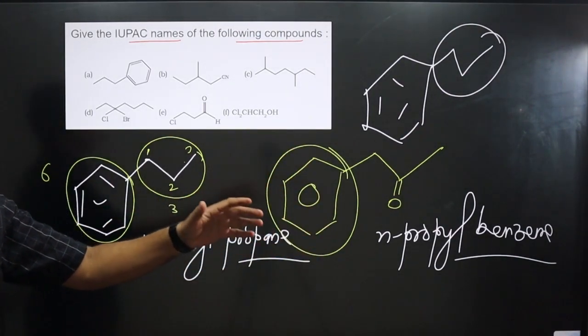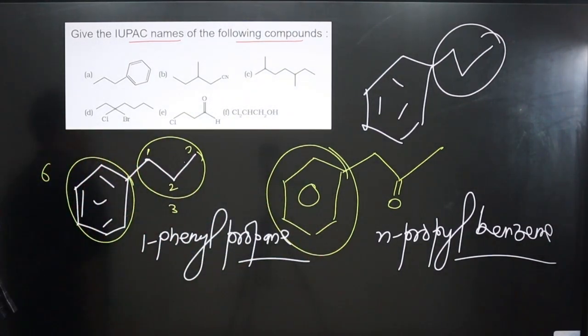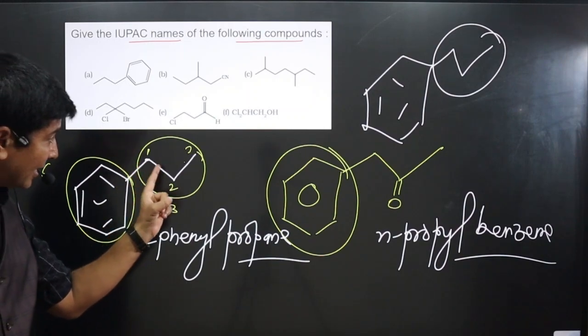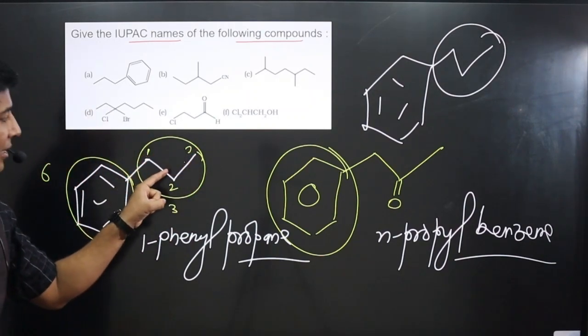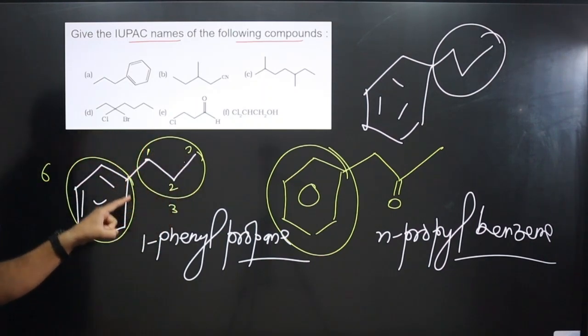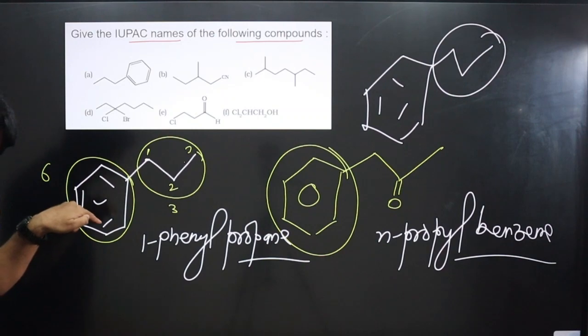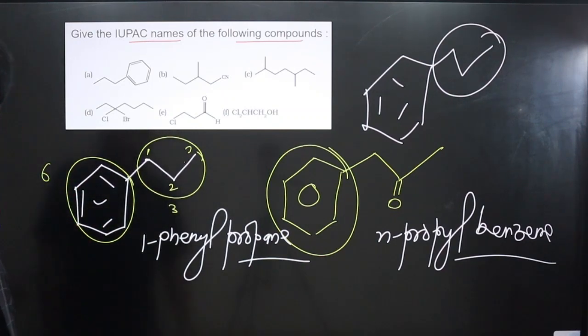If you search Google for the chemical formula of n-propylbenzene, they will give this chemical formula. But in NCERT they considered it as the parent chain. That is the contradiction actually. Why? Because it has fewer carbons in comparison to the number of carbons present in the benzene ring. Anyway, move on to the next compound.